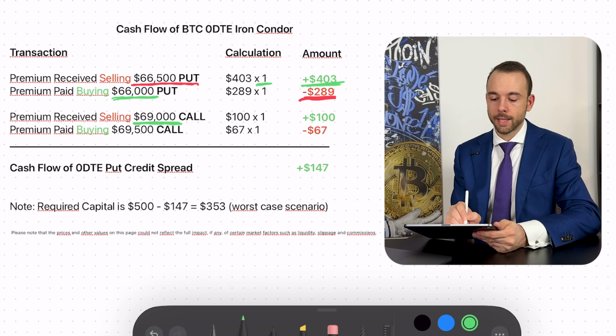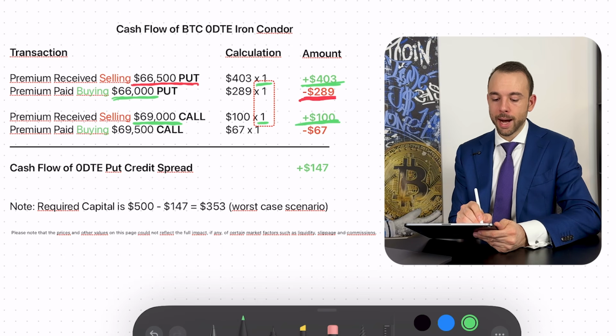$69,000. He sells exactly the same one call option with a notional of 1 BTC. And for that he received a premium of $100. Immediately after, the trader buys a call option with a strike price of $69,500, exactly the same quantity of one call option, and for that the trader pays a premium of $67.